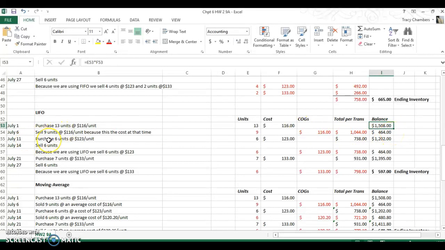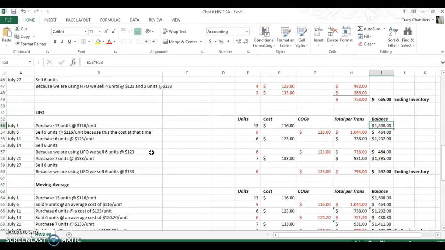July 11th, we purchased 6 units at $123 per unit. So 6 units at $123, the total transaction of $738. We add this to our balance, and we get a new balance of $1,202. On July 14th, we sell 6 units, and because we're using LIFO, we sell 6 units at $123.